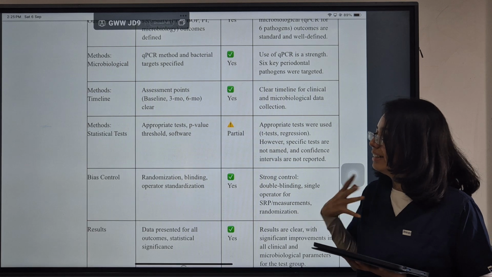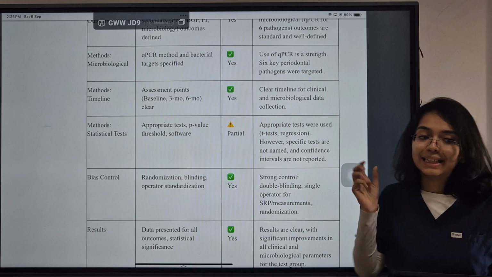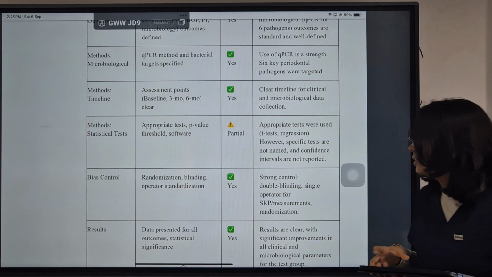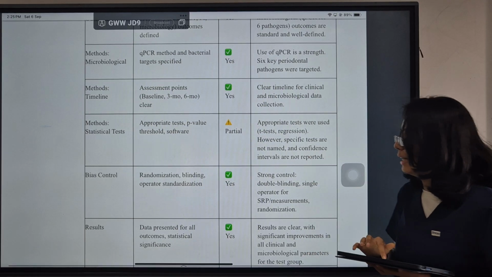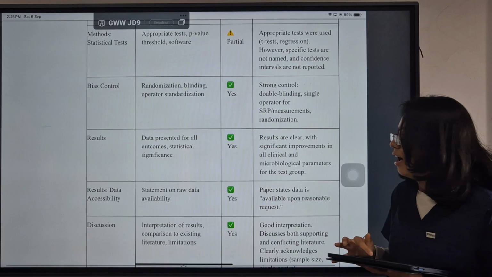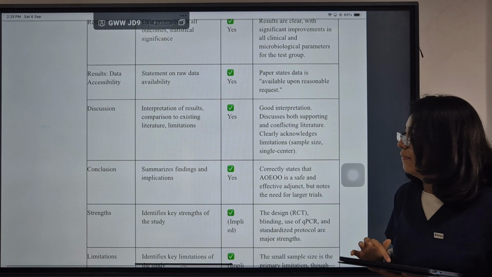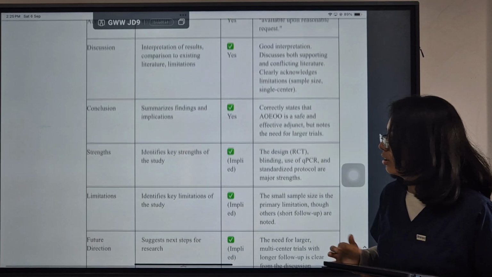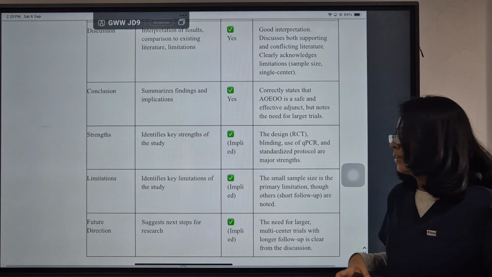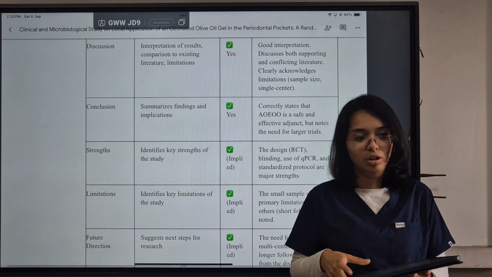For the statistical tests, they have used appropriate tests, but specific tests were not named, so that is considered partial. The bias control was robust, the results and data accessibility were clear, and the discussion and conclusion were great. Plus the strengths, limitations and future directions were also implied.